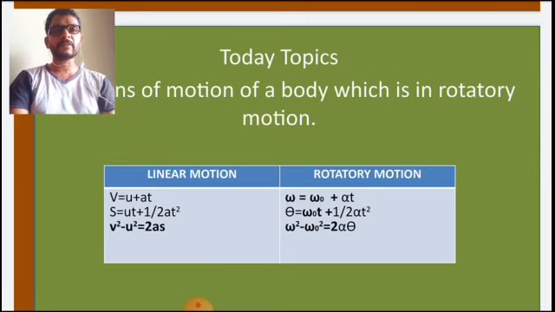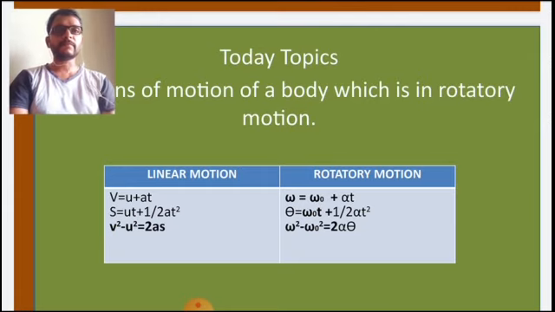The final velocity is equal to initial velocity plus acceleration multiplied by time. And the distance covered by the object, s is equal to ut plus half at square. And v square minus u square is equal to 2as. These three formulas are for linear motion of a body, translatory motion, right.